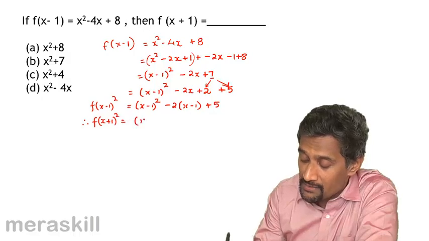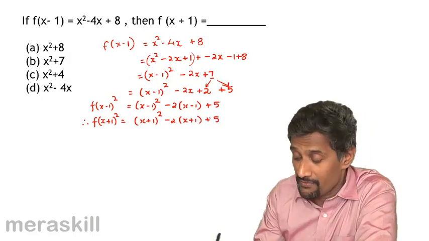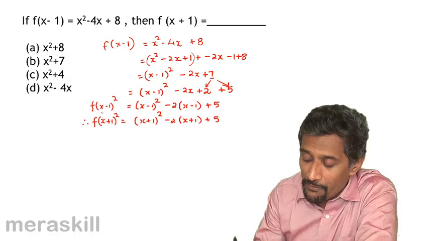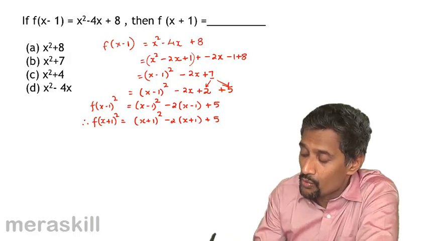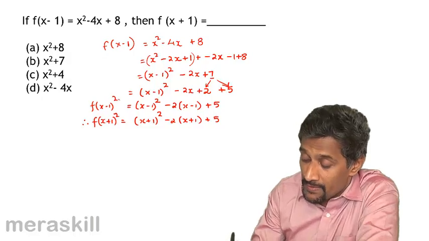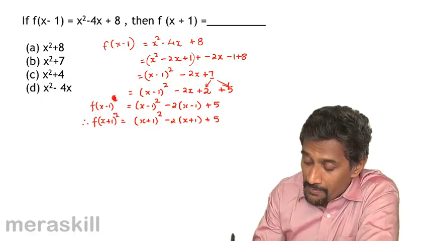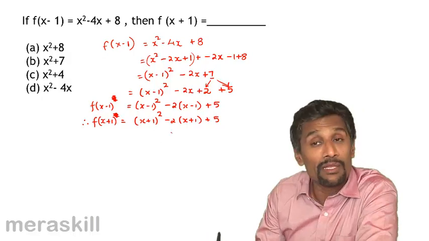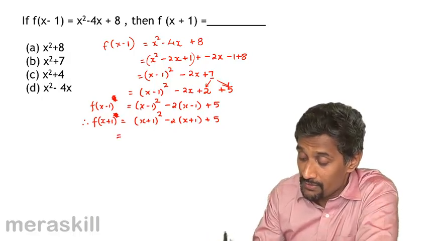It will just be x plus 1 the whole square minus 2 into x plus 1 plus 5. Or you can change it to f of x would be x squared minus 2x plus 5. Hence f of x plus 1 would be x plus 1 the whole square minus 2 times x plus 1, plus 5, which is what is required.